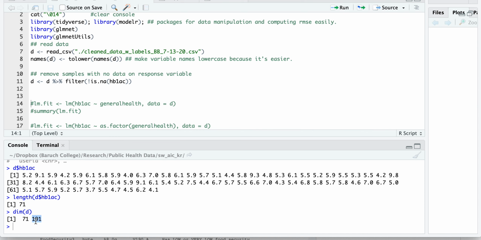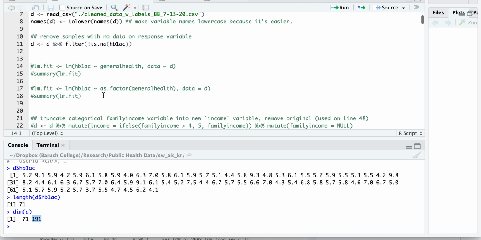At the end of the day, even though we treat them as categorical, when it goes inside the program, they're all translated into numerical values and treated as numerical. So effectively the number of predictors is larger than 191 because we have many categorical variables, as you remember before. Okay, we'll get to that later.